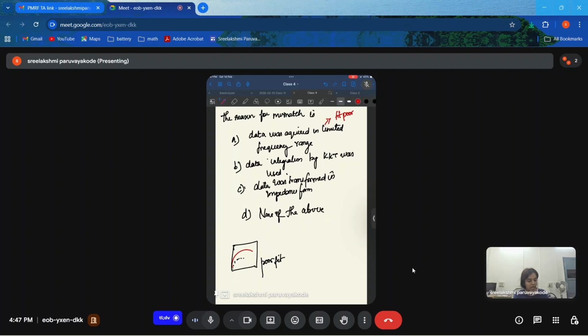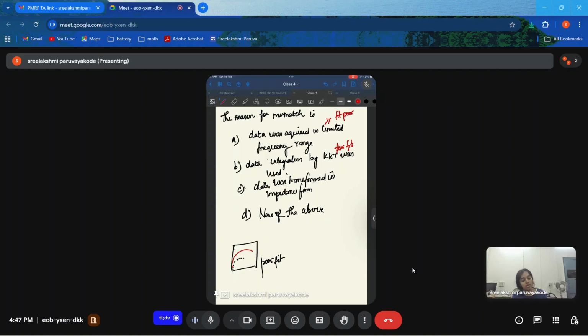Data integration by KKT was used. If you are doing KKT and there is any issue in the data, you will again see a poor fit. If KKT is not done correctly, the fit will be poor, but as mentioned before, it's not a poor fit that you're observing. Data was transformed in impedance form.